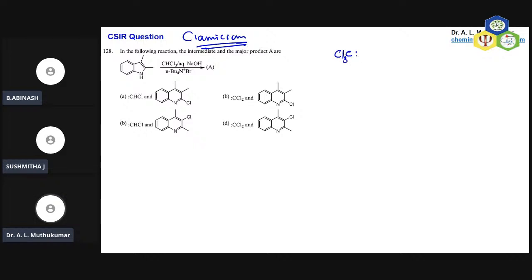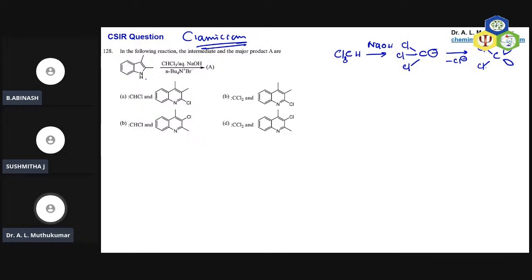When chloroform reacts with the sodium hydroxide, it provides the corresponding anion. Now, alpha elimination will take place, leading to the formation of this carbene, dichlorocarbene. That is the initial step.